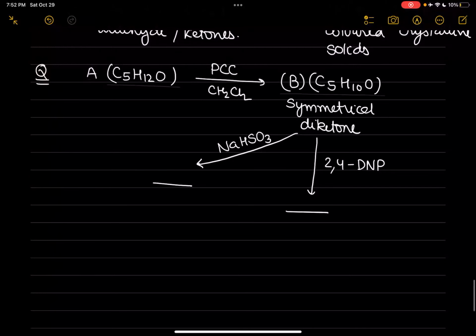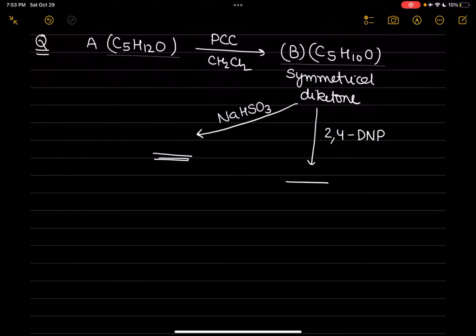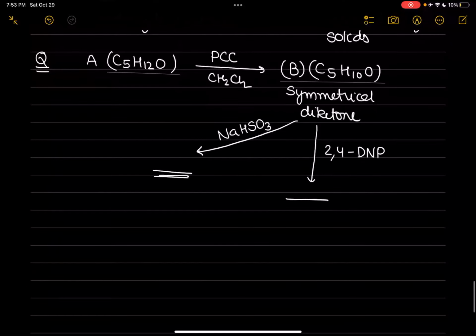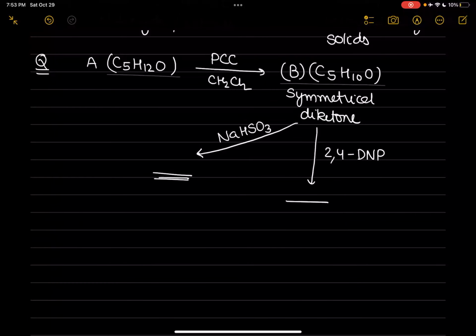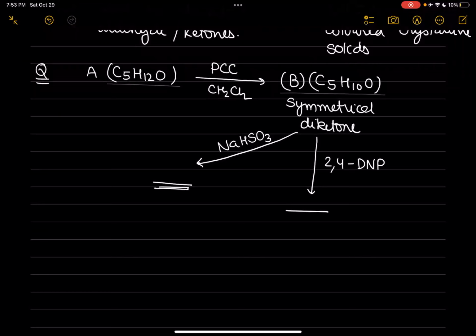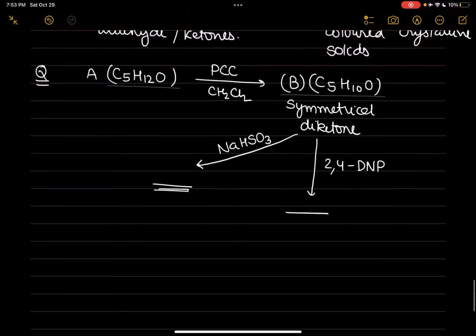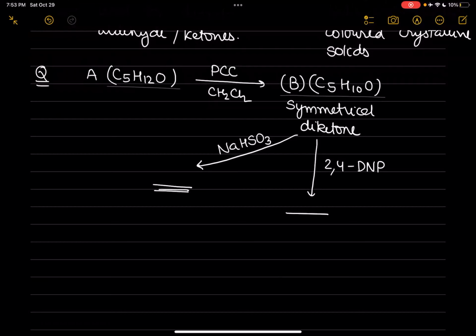So what's going to be the answer over here? Upon reaction with NaHSO3, what should that symmetrical diketone of 5 carbon atoms do? Will white crystalline product be formed or will it not be formed?